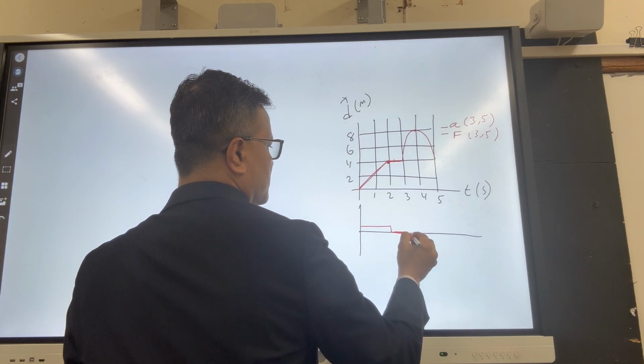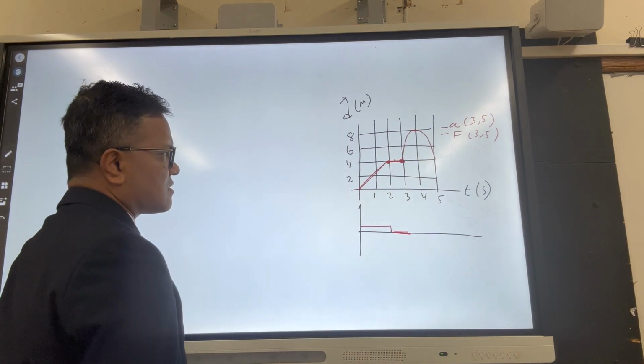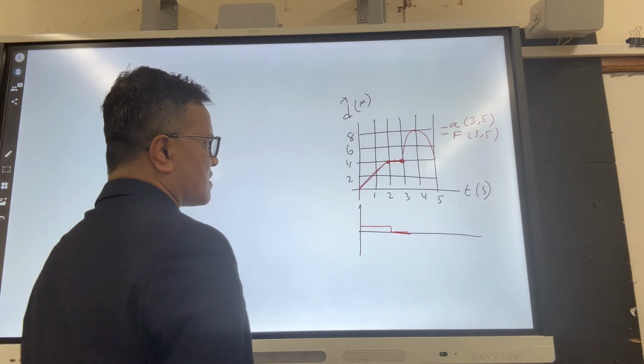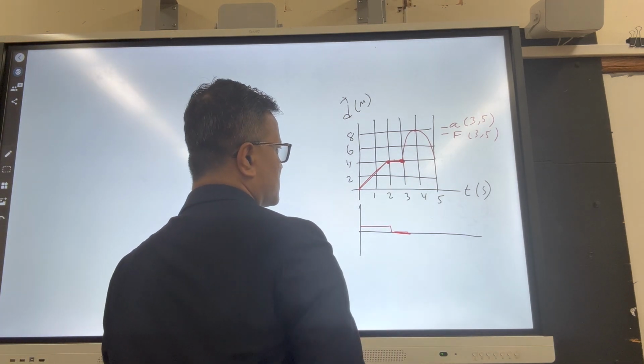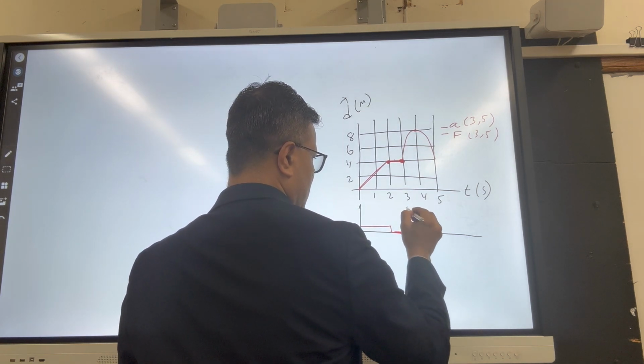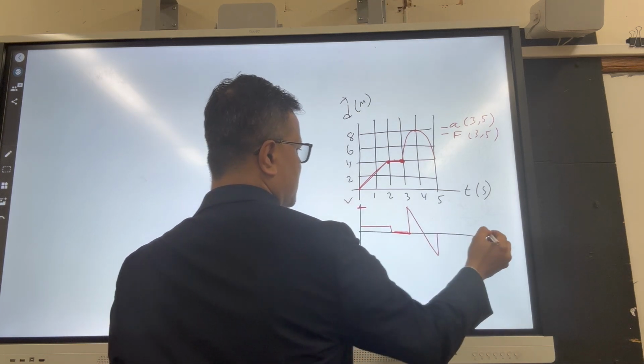The function is continuous, but it's not differentiable, meaning that there is a jump over here. So then this is Vt.